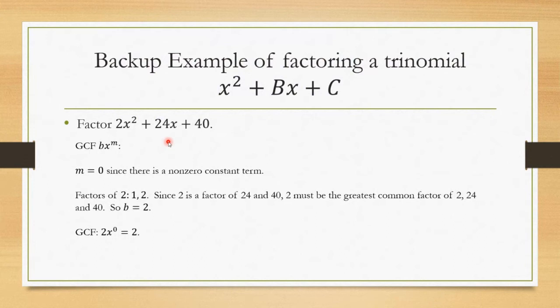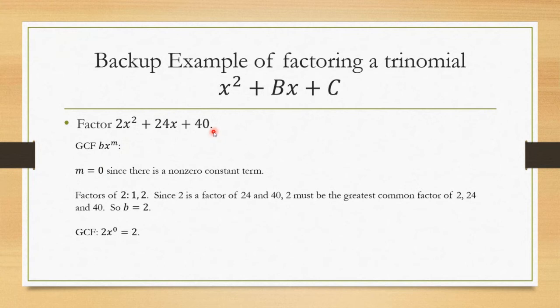Well, notice that since there's a non-zero constant term, that tells us not every term has a variable. So in this GCF here, this m has to be 0, and that's why I have it here. Also, 2 itself is a factor of itself, of 24, and of 40.